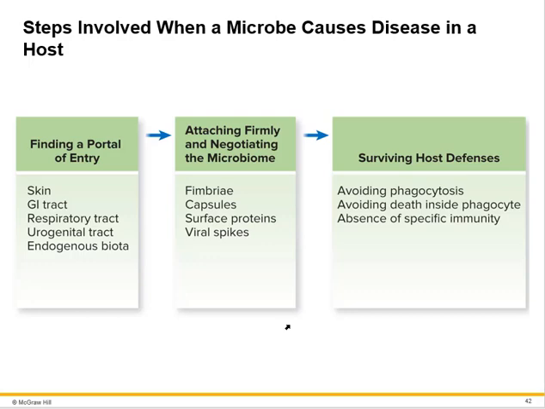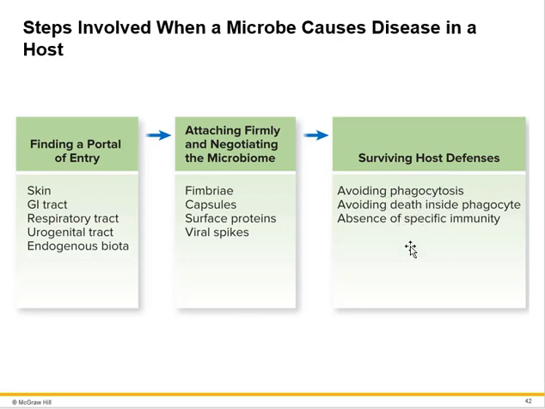So the third step is then surviving host defenses. Once they have come in the right portal of entry, they have a high enough infectious dose, they have attached to the host cells, they have to then survive the host defenses, and that's specific and non-specific. If there is no specific immunity, that's one way they can survive host defenses, but there's still probably going to be some non-specific immunity like phagocytosis.